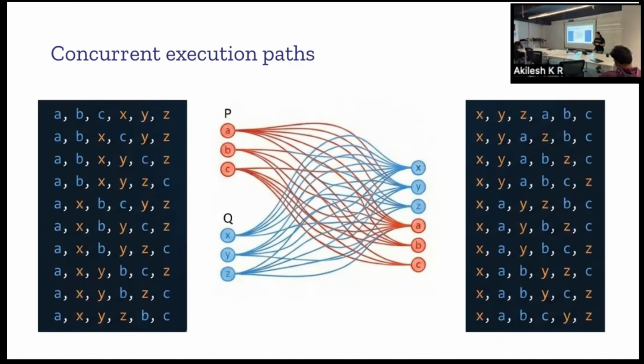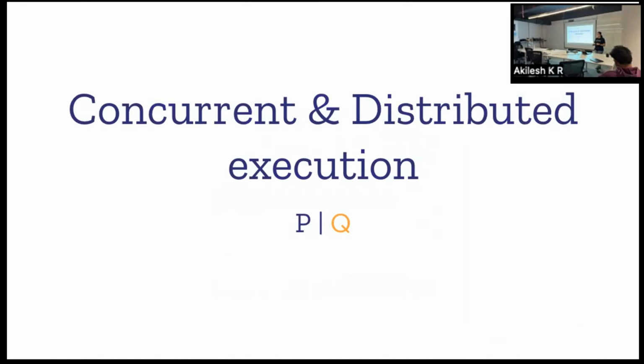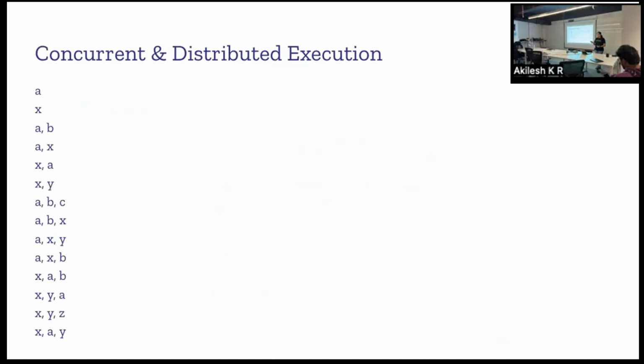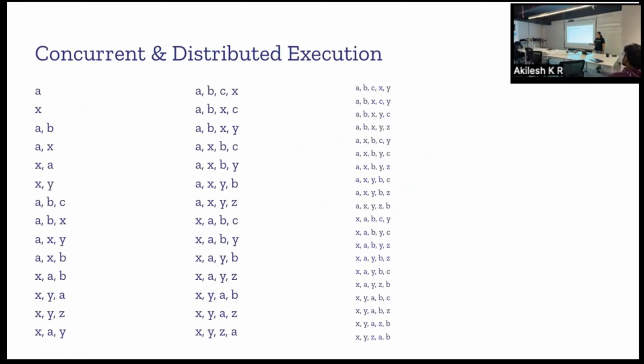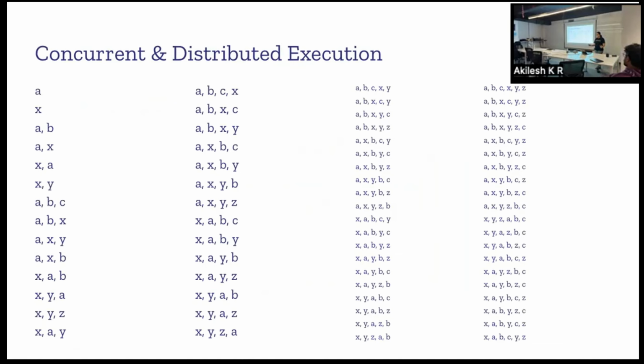And if we add distribution to the mix, we can't predict what's going to fail next. So within those 20 different sequences that we saw, it can fail at any point. It can fail from the beginning or after a few steps, or it might even complete the execution.